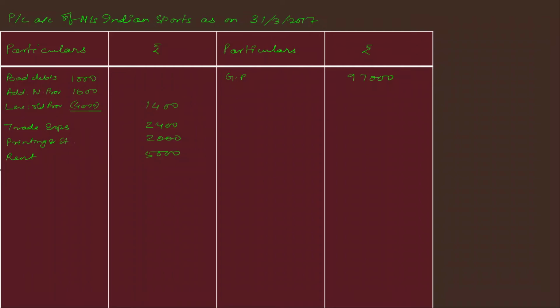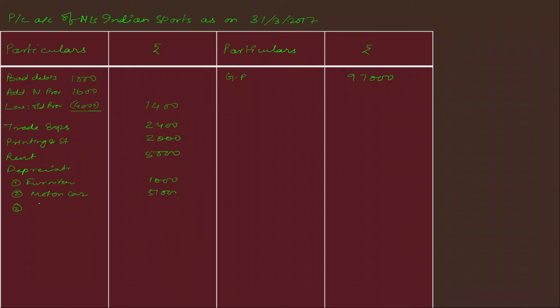Then we will record all the depreciation that we calculated. So first one is your furniture. Furniture is your how much? 5% of 20,000, that is your 1,000 rupees. Second one is your motor car, that is your 10% of 51,000 is 5,100.